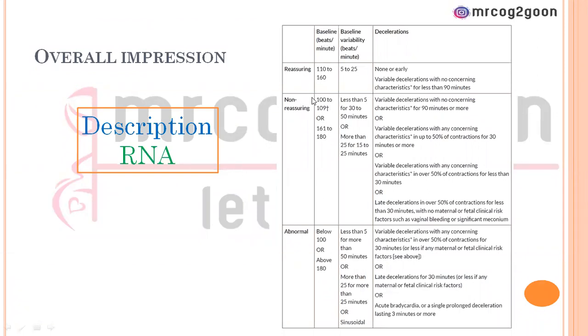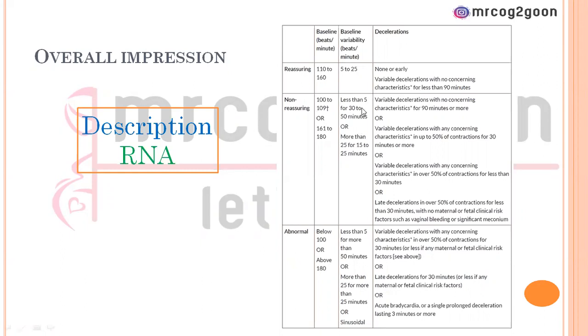Non-reassuring: the baseline rate from 100 to 109, or from 161 to 180, or variability less than 5 for 30 to 50 minutes, or more than 25 for 15 to 25 minutes. So it's half the duration for more than 25.